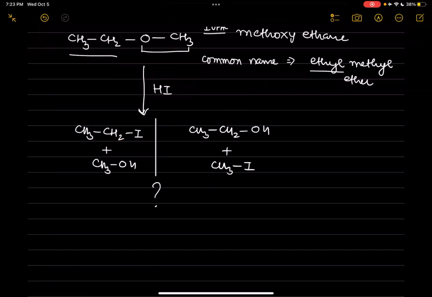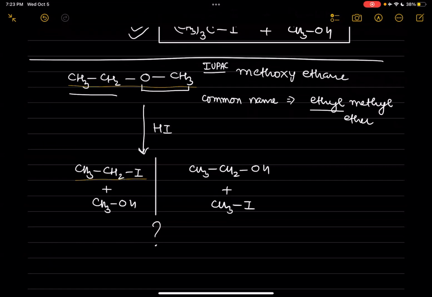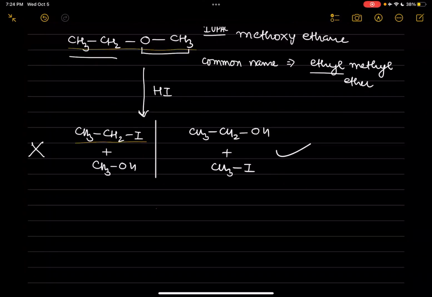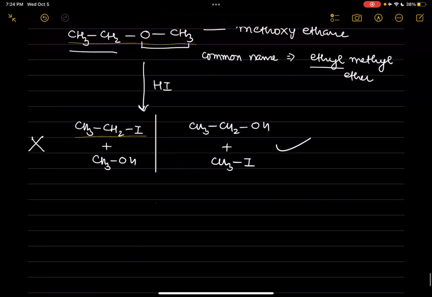Sir, second one. The right one or the left one? Sir, the right one. Right one is going to be the right answer. Correct. Why? What's the reason?